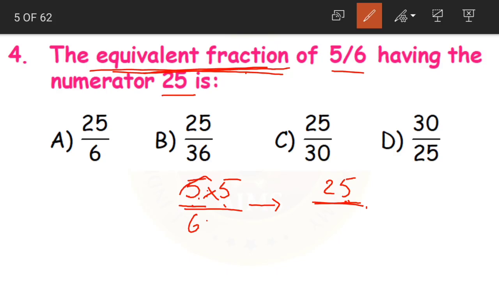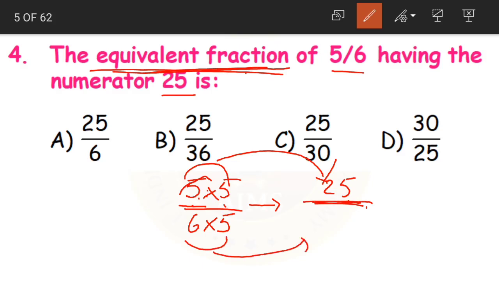So that means we need to multiply both numerator and denominator by 5, children. Here in the numerator we have 5 5s are 25 divided by our denominator 6 5s are 30.